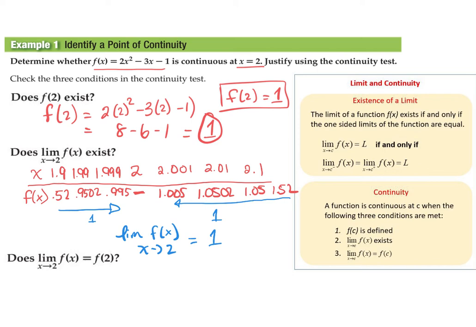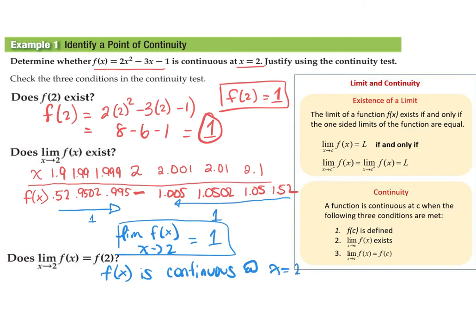The third part of the test is to determine whether my two statements are equal to each other. So f of 2 is equal to 1, and the limit of f of x is also equal to 1. Because the statement is true, f of x is continuous at x equals 2.